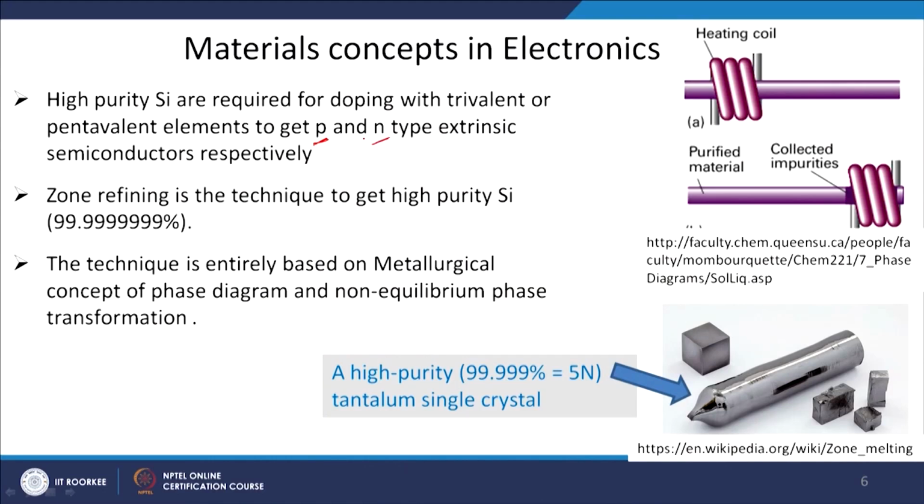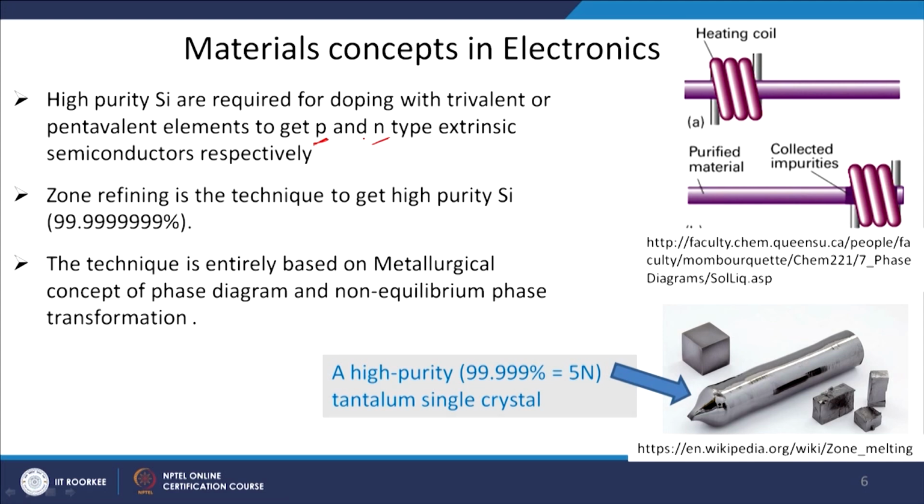Silicon is an intrinsic semiconductor and you add dopant to make it an extrinsic semiconductor, and this dopant can be pentavalent doping elements or trivalent doping elements, and depending upon which you are adding, you can have either P type semiconductor or N type semiconductor. But to get this semiconductor you do not want any other impurity in silicon, otherwise all the properties will not be there which you want.